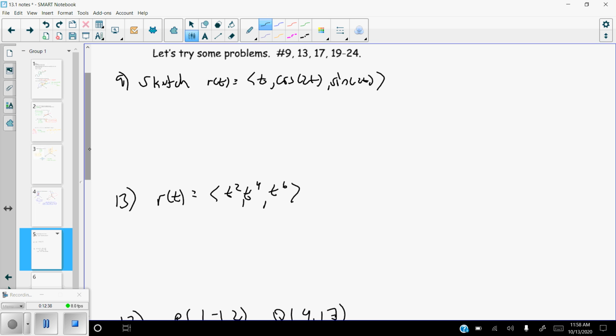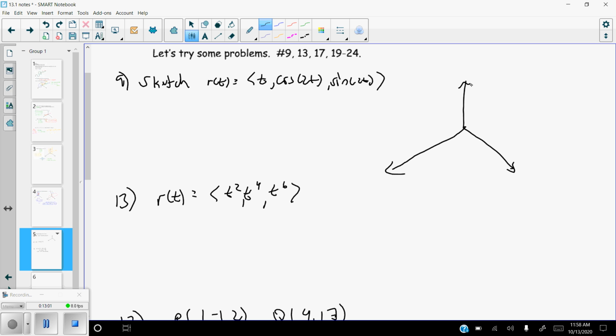All right, so let's go ahead and sketch number 9. So in this case, I've got cosine 2t, sine 2t for my y and z values this time. So t is the x value, which means that this thing is going to loop around the x-axis. It's still going to be a helix.